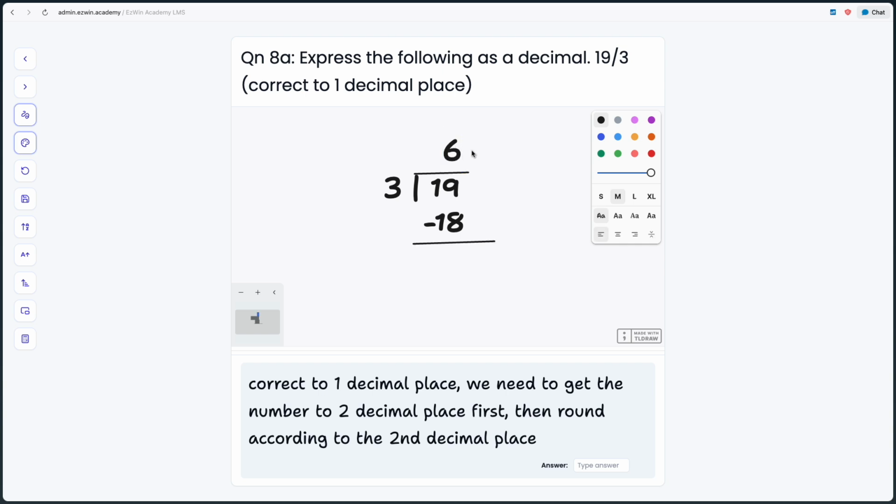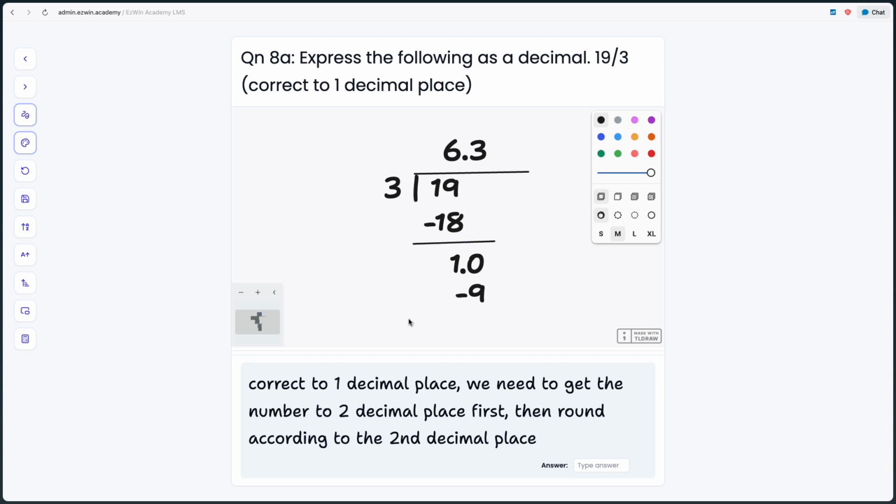Okay, and then what we need to do is we need to put the 0.0. So 1.0, what do we minus with? It is minus 0.9. Essentially just 9 now, right? So we just put 9 over here. Okay, so now we minus 9. What is 9? It's basically 3. So we just put 6.3.